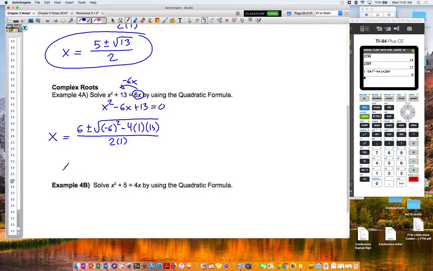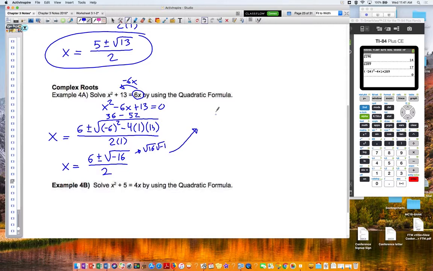So now as I simplify this, x equals 6 plus or minus the square root of, I get 36 minus 52, which is negative 16, all over 2. So now if I think about the square root of negative 16, that's like saying the square root of 16 and the square root of negative 1.